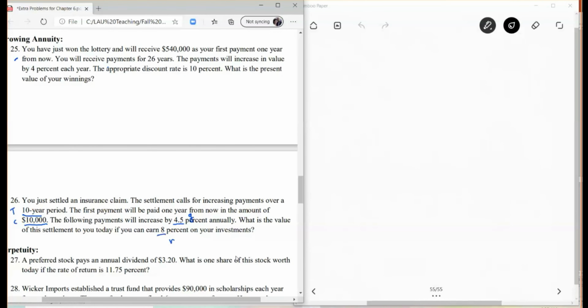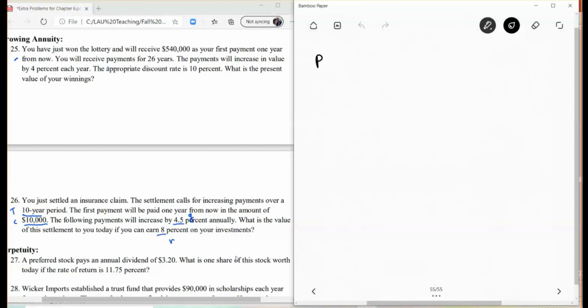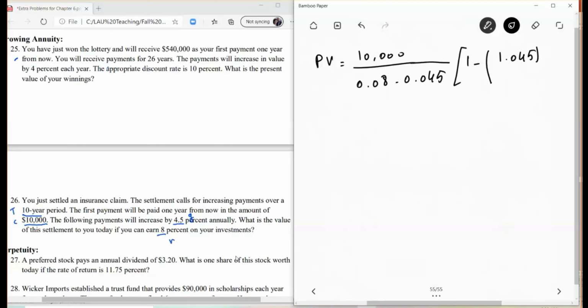This is R. So now PV equals C, 10,000, divided by R minus the growth rate, so 0.08 minus 0.045, into 1 minus 1.045, 1 plus the growth rate, divided by 1 plus R, 1.08, raised to the power T, so this is raised to the power 10.